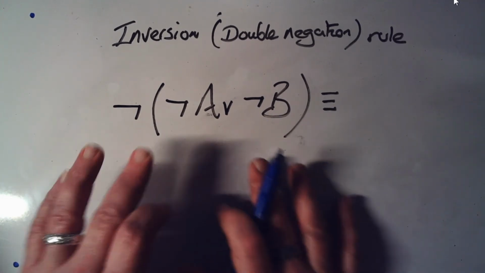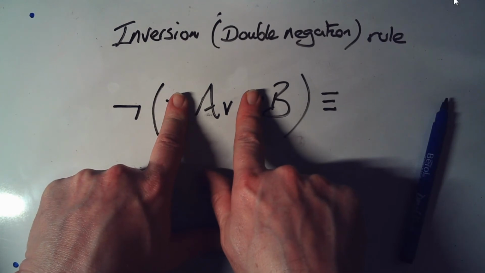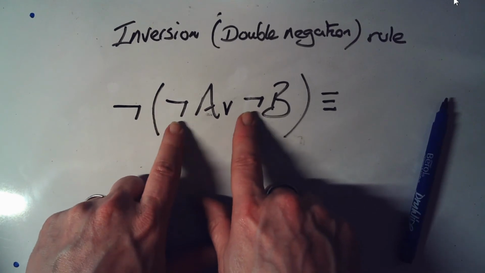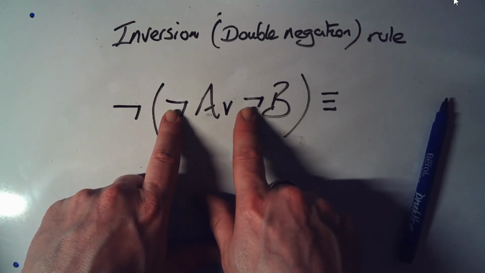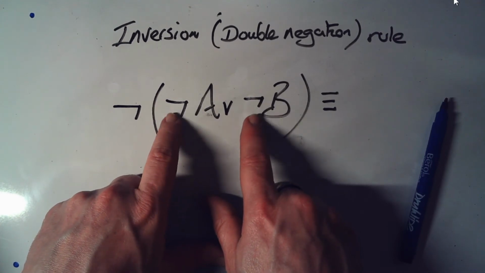And essentially what you've got here, if I put my two fingers over the negative inside the brackets, you can see that straight away this is an opportunity to use De Morgan's law, because we have a negative outside the brackets and then we have two expressions inside the bracket. It's just that we've got these two negatives here which sort of disguise the fact potentially that this is an opportunity for De Morgan's law.